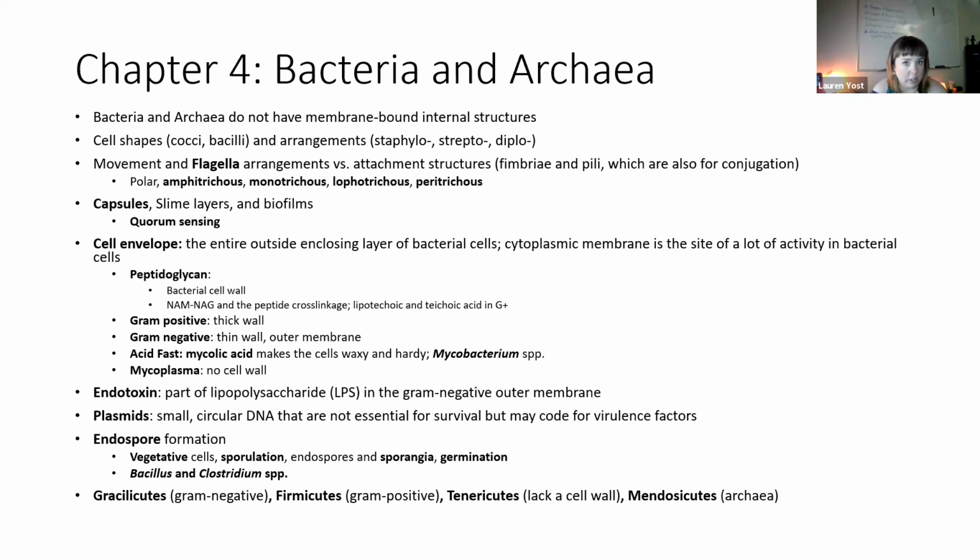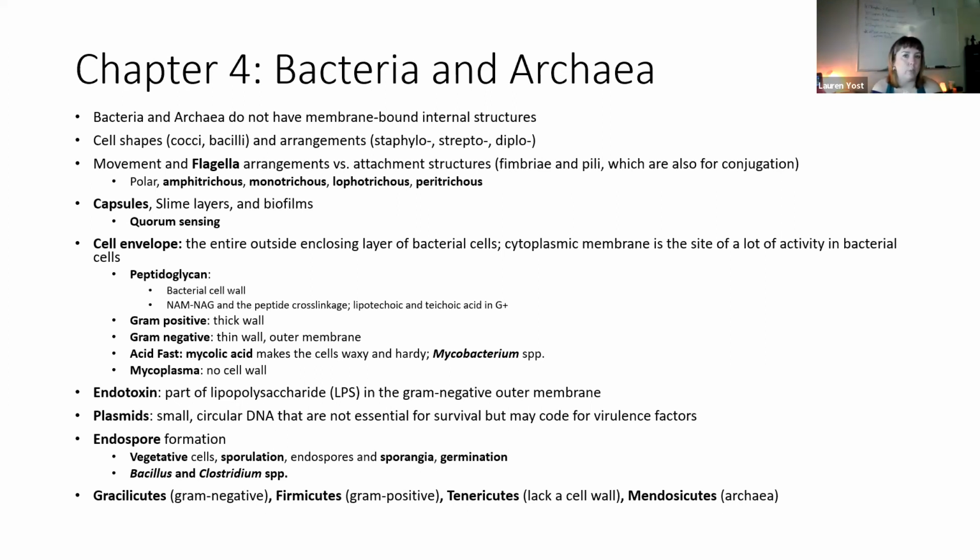They can survive radiation, heat, freezing, pH changes, chemicals, all sorts of stuff that other bacteria might be exposed to and die from. So very hardy, very hard to get rid of. That's produced by the Bacillus and the Clostridium species.